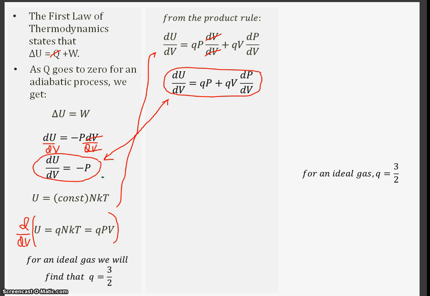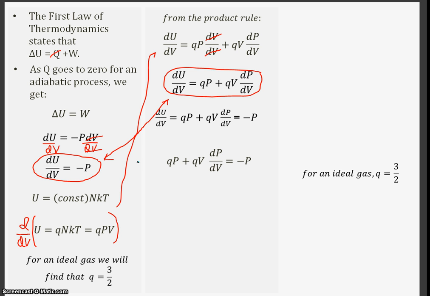Well, it's both. And what we are going to end up with is a differential equation equating those two. So let's equate the two. We find dU/dV is both QP plus QV dP/dV, and that's equal to negative P.